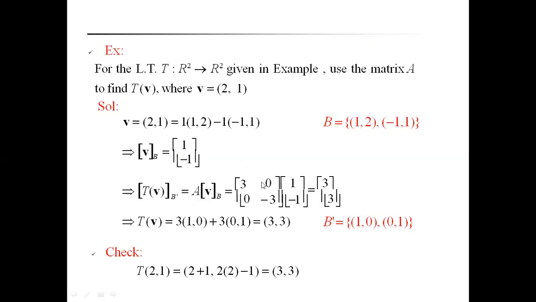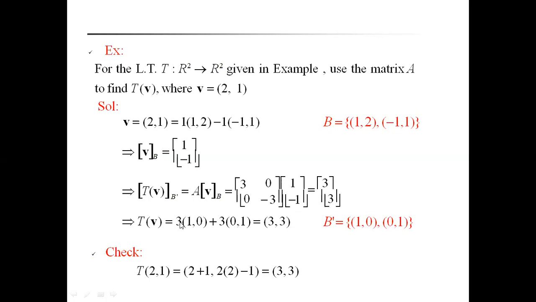Using that matrix and the coordinate matrix relative to the basis B, which we already found as (1, -1), now multiply these two matrices. First row, first column: 3 times 1 is 3, 0 times -1 is 0. That's why 3 is the first value. Next, second row: 0 times 1 is 0, -3 times -1 is 3. That is 3.